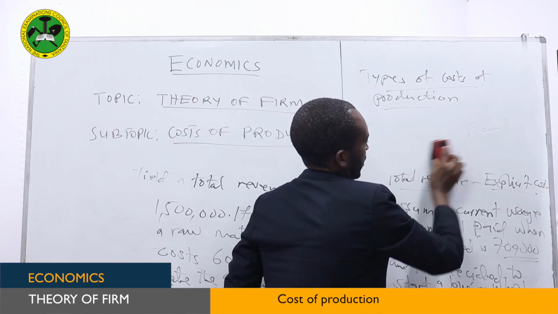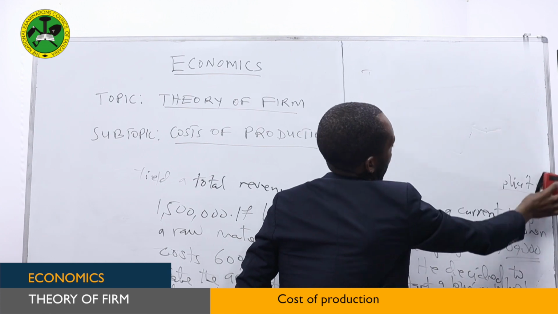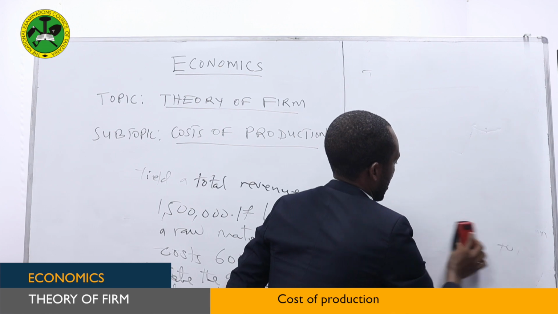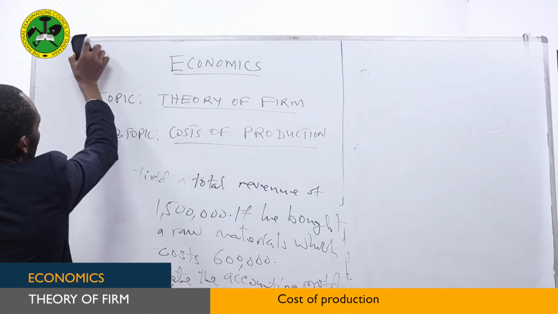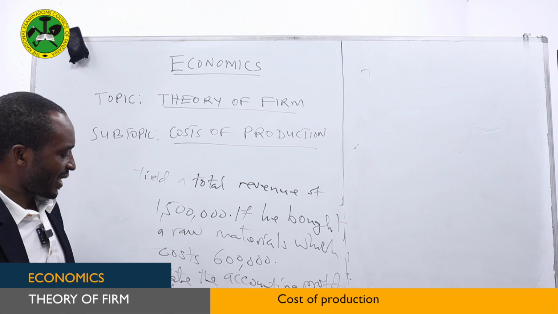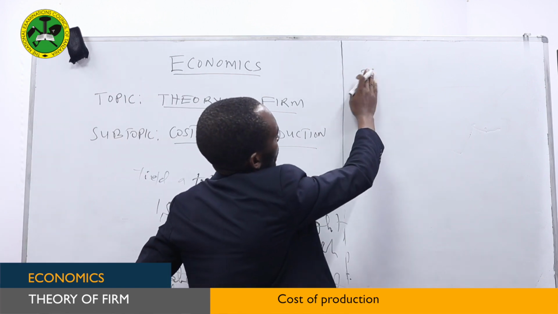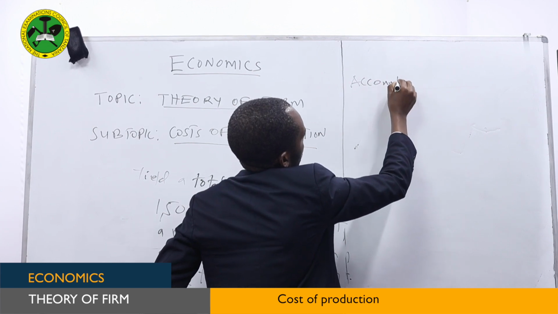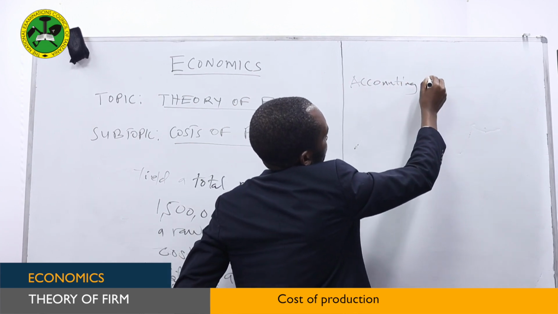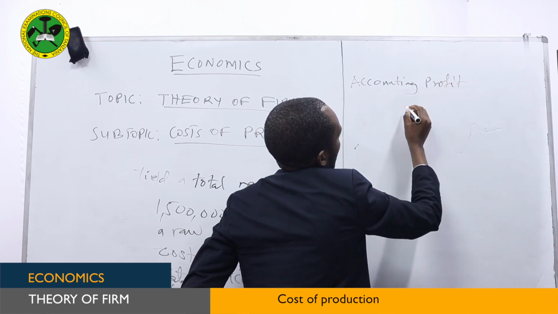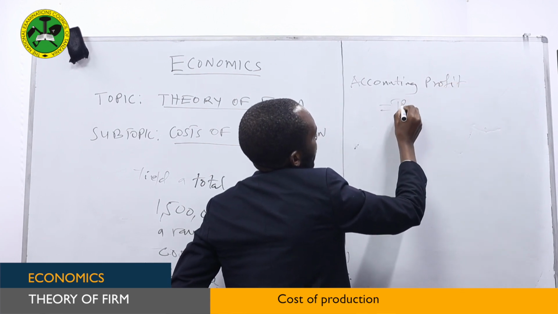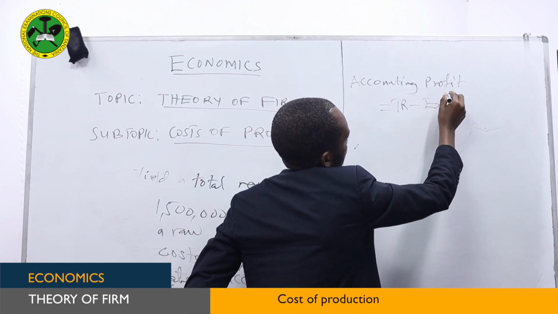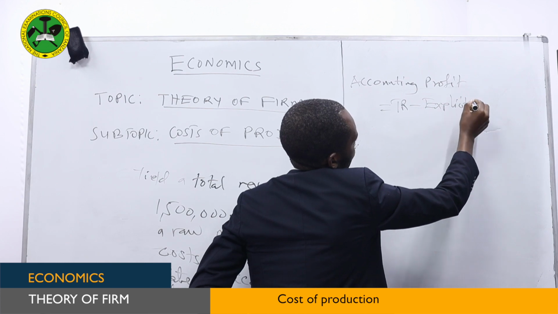Let us start to calculate the accounting profit. We said accounting profit equals total revenue minus explicit cost.